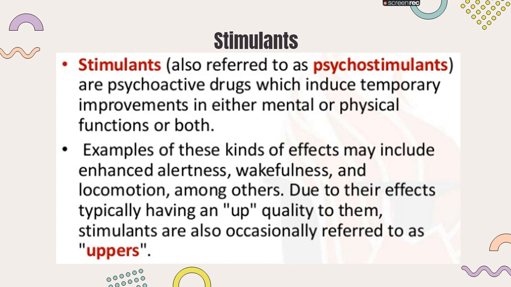It might have this kind of positive implication, but most of the effects include enhanced alertness, wakefulness, and locomotion, among others. Due to their effects, typically they have an up quality to them. That's the reason why they are also known as the uppers.